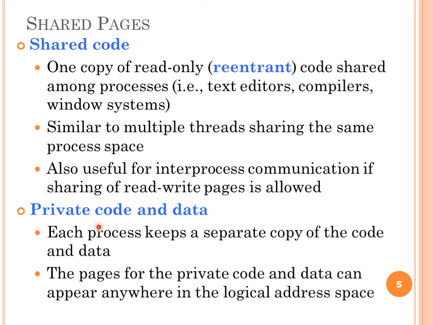So here each process keeps a separate copy of the code and the data. The pages for the private code and data can appear anywhere in the logical address space. That is, the private code and data for every process is independent, whereas the common pages are shared among multiple processes.